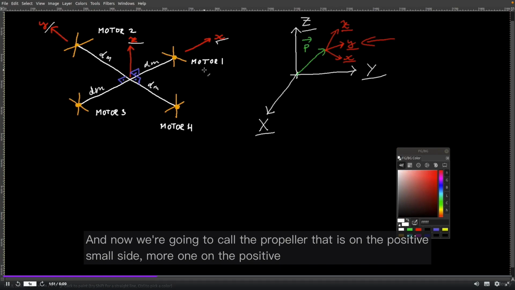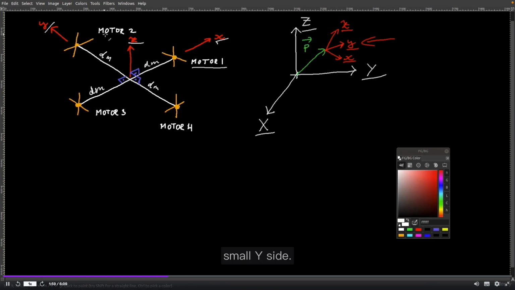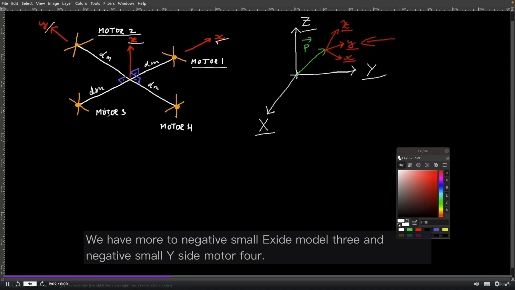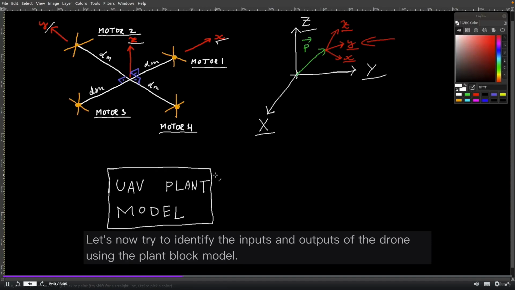Now, we're going to call the propeller that is on the positive small x side motor 1. On the positive small y side, we have motor 2. Negative small x side, motor 3. And negative small y side, motor 4. Let's now try to identify the inputs and the outputs of the drone using the plant block model.